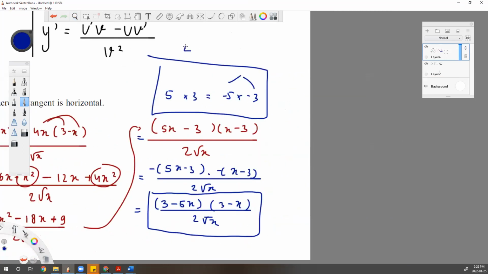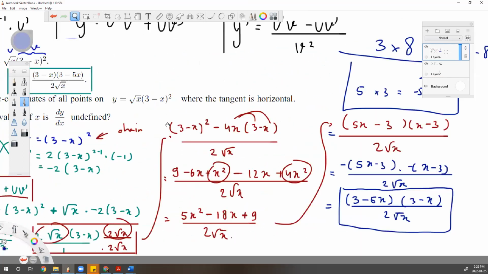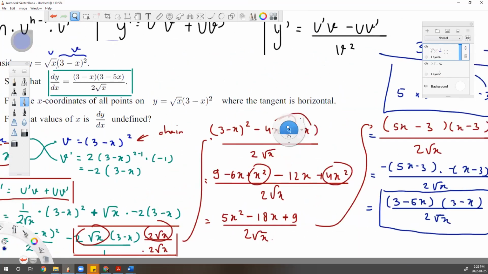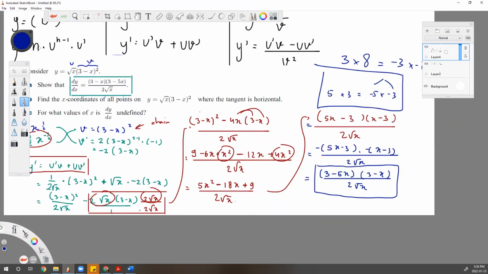So if I have 5 times anything, any number, for example, 3 times 8, can I just write negative 3 times negative 8? You have to provide your own negative in order to get the question right. See, that is the problem. That's what I said. It's quite tricky. Okay, negative times negative is the same as positive times positive, right?